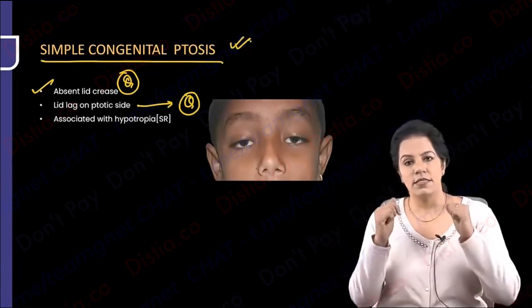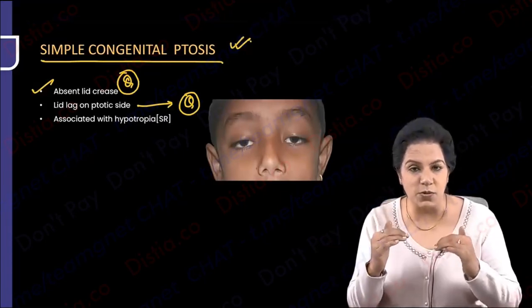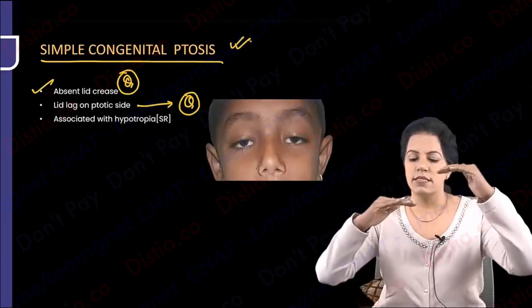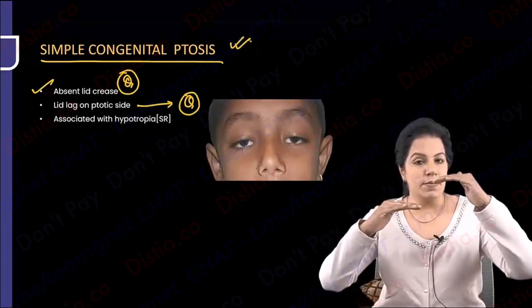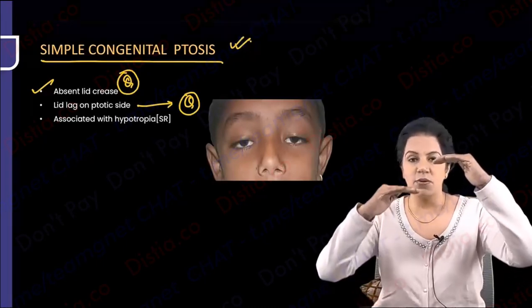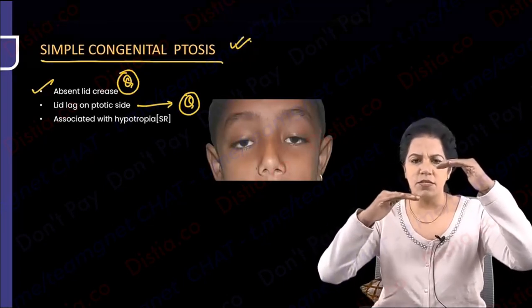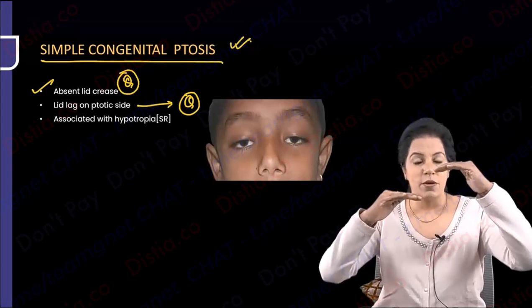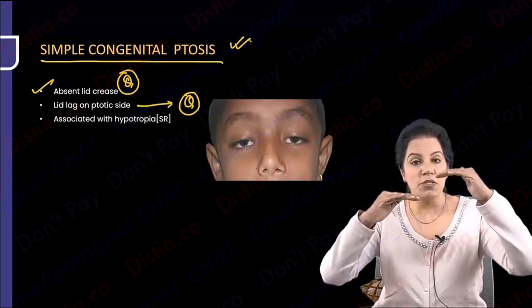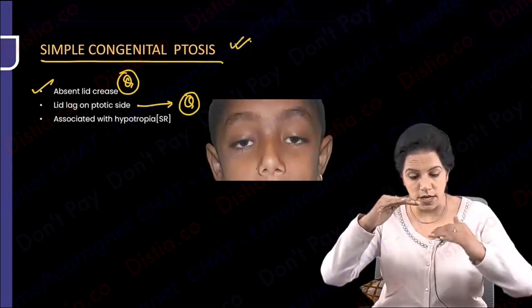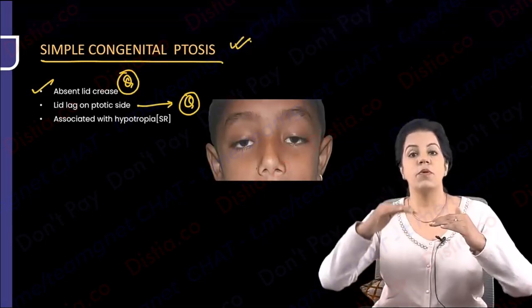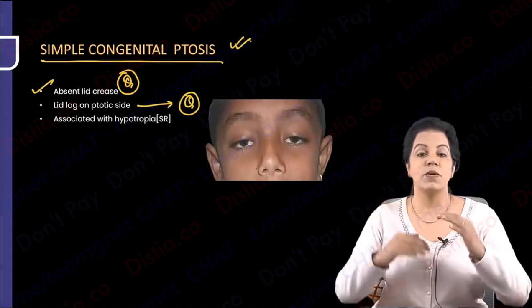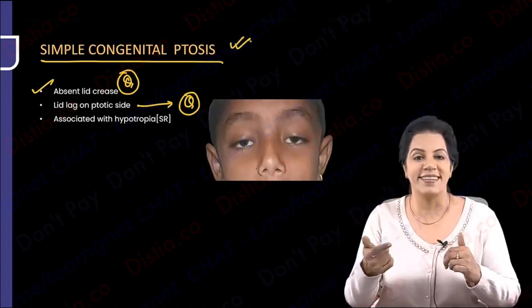Now understand this. Suppose this is a case of congenital ptosis. So this is a normal lid and this is the ptotic lid. You ask the patient to look up, this lid goes up, this cannot go up. But a little bit it moves and stays like this only. When you are asking this patient to look down, now this goes down, this can't even go down properly. There's a lid lag. So that's what we are saying, lid lag on the ptotic side.